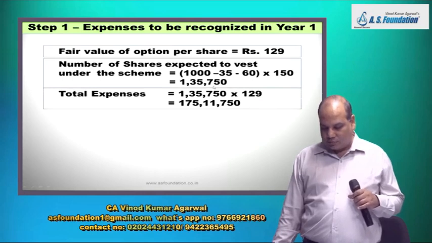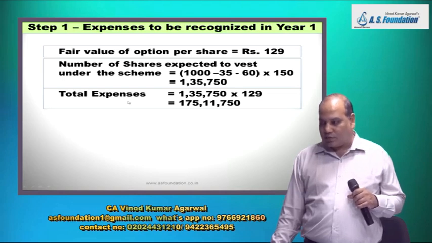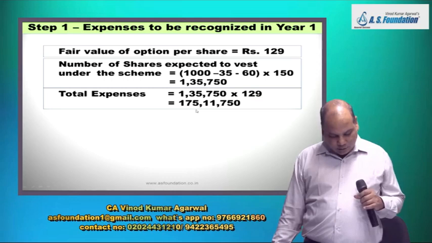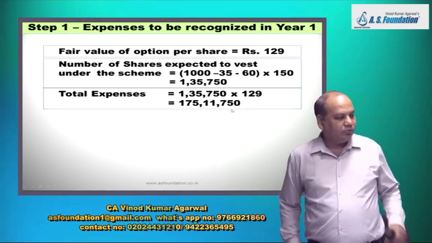That is 135,750. Therefore, total expense: multiply the two and write down the figure. 1,75,11,750.